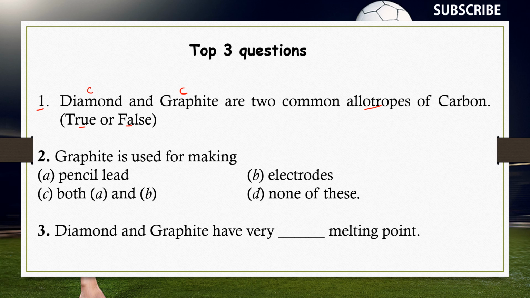Question 2. Graphite is used for making pencil lead, electrodes, both A and B, or none of these. Let me know in the comment section below. Then question 3. Diamond and graphite have very dash melting point. Try to identify whether they'll have high or low melting points.